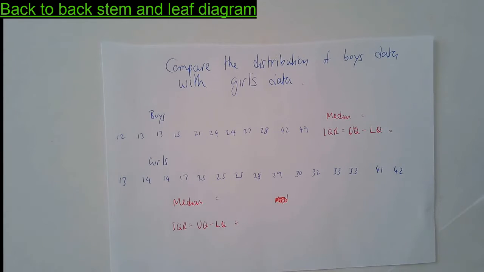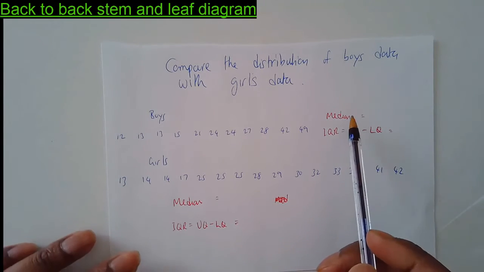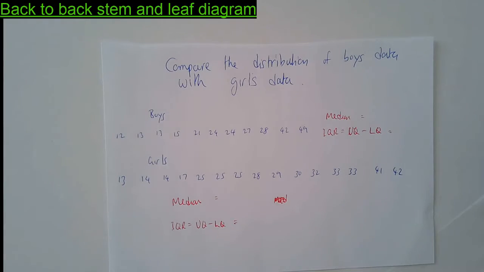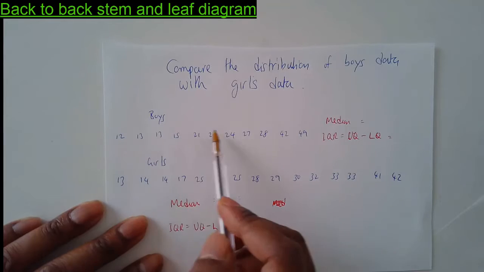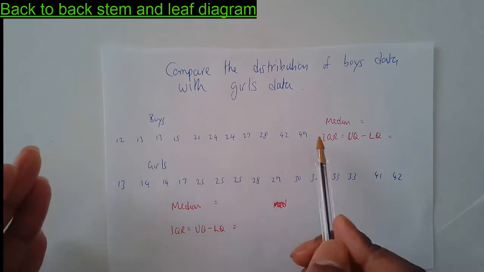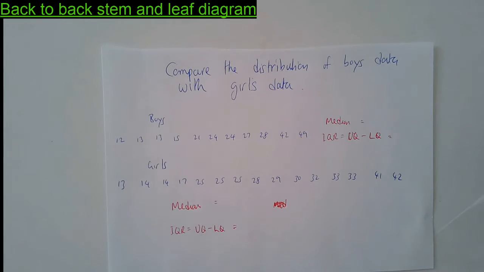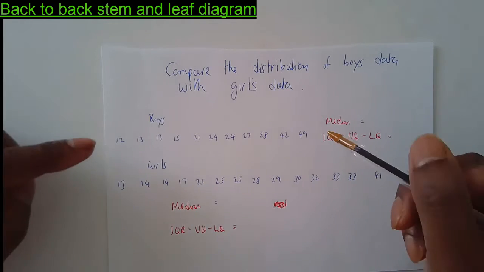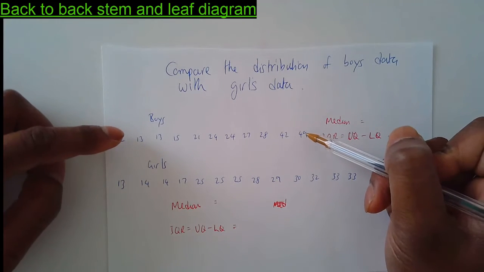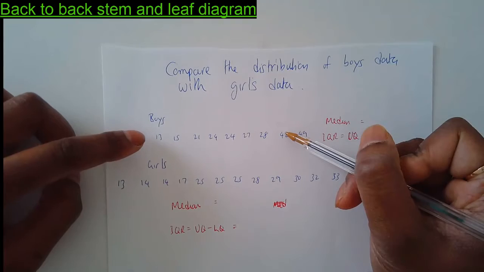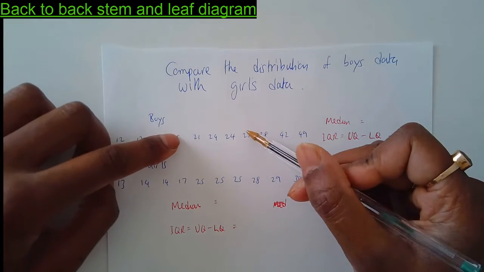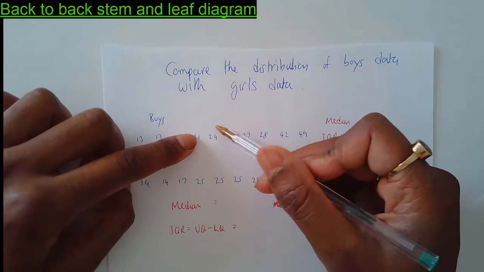Now I've talked about how to find the median and interquartile range in a previous video. Start with the median. In order to find the median, it's the middle number, right? Remember, these numbers have to be smallest to biggest, which is the case, already smallest to biggest. So then you can find the middle. You can do it this way: one for you, one for me, one for you, one for me, one for you, one for me, and then find the middle that way.